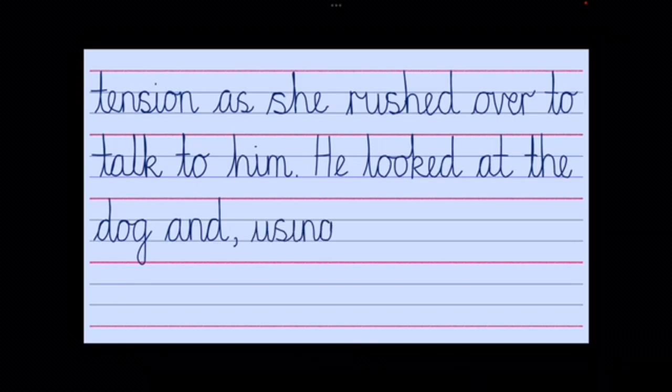You sing is what it looks like. Using no aggression. Could be a spelling language. No aggression. And a comma again. Because that's the end of that wee phrase in the middle of the sentence.